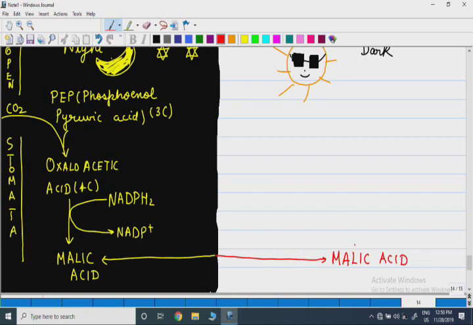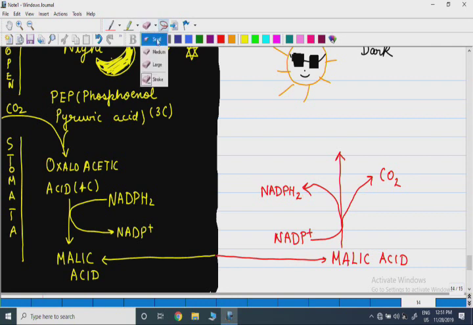So, in that very same cell, this malic acid is now being converted by decarboxylation and by reducing NADP plus into NADPH2 again, like this.